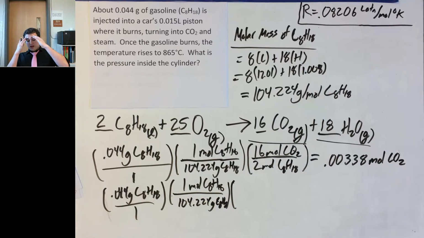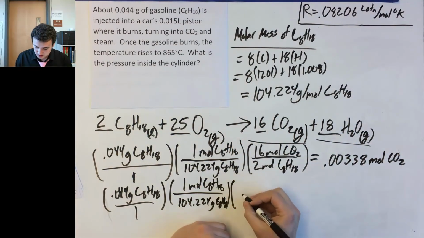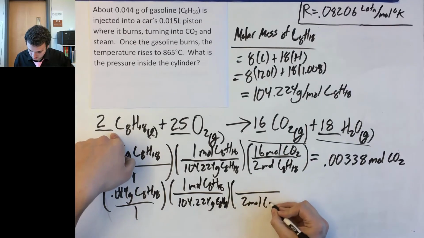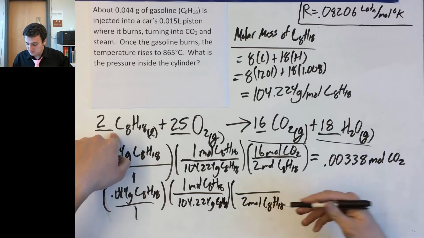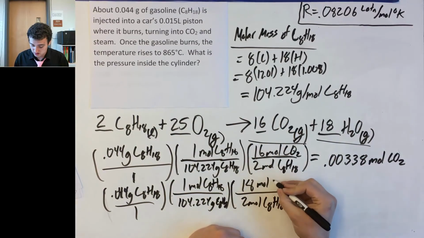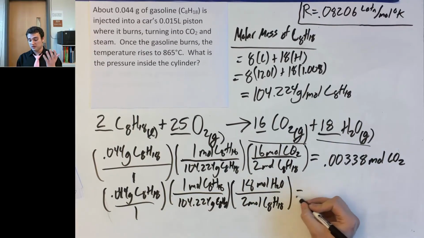And now, instead of going to carbon dioxide, I want to know how many moles of water I produce in this reaction. So instead, for every 2 moles of gasoline that I use up, I'm going to produce 18 moles of water. Okay, so now we again solve.